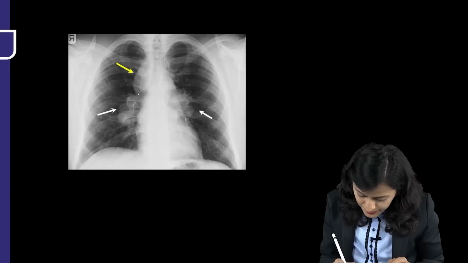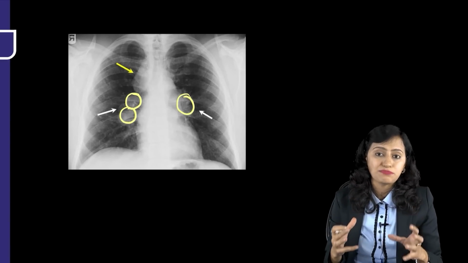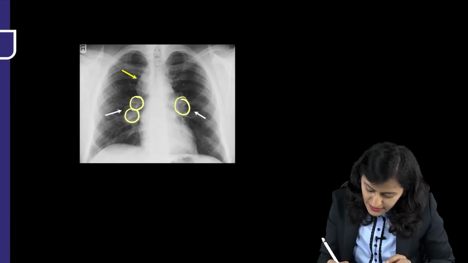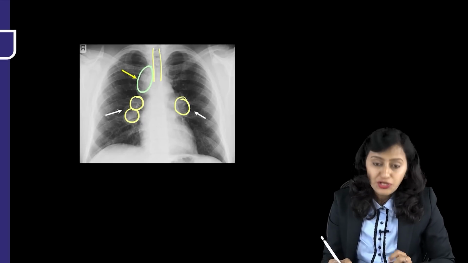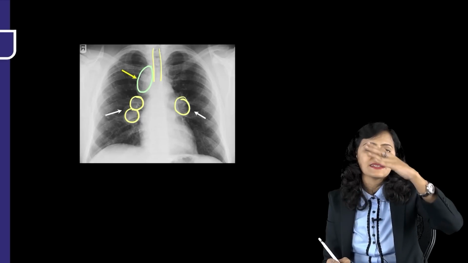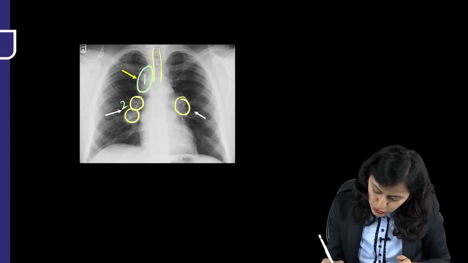Like you see here, the hilar lymph nodes, the rounded opacities making the hilum bulky. Along with that, this is the trachea, and you see the right paratracheal lymph node as well. So, you have three groups of lymph nodes: the right paratracheal, the right hilar, the left hilar. So, this is 1, 2, 3.